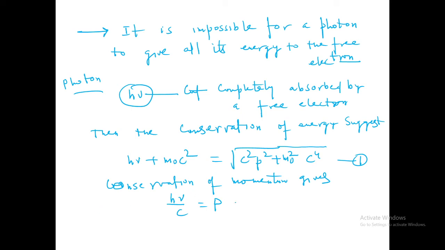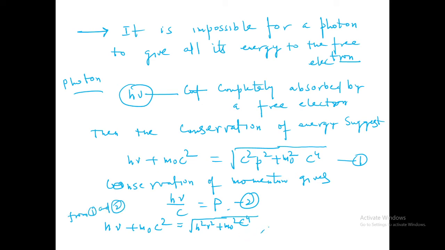So this is equation 2, and if we substitute the value of p from 2 in equation 1, we will obtain h nu plus m naught c square is equal to the square root of h square nu square plus m naught square c to the power 4. So this is from 1 and 2.